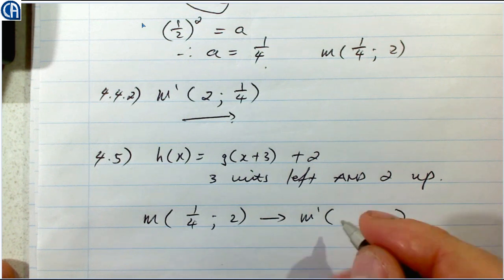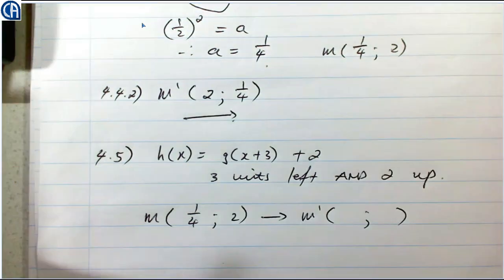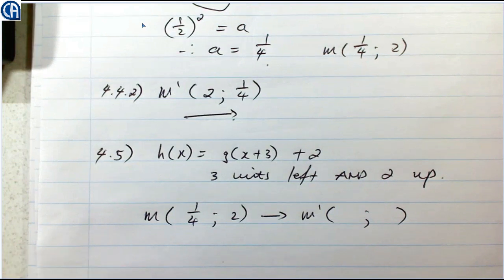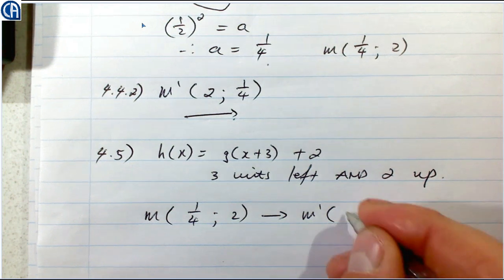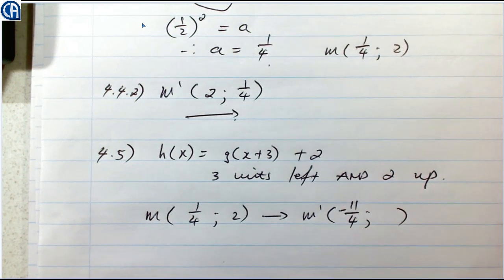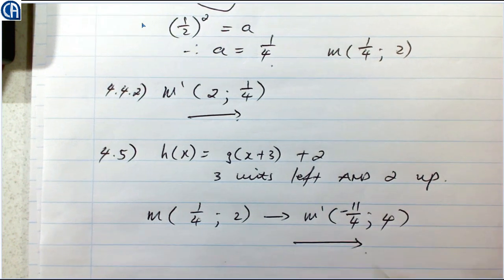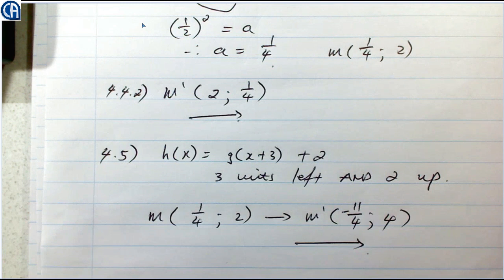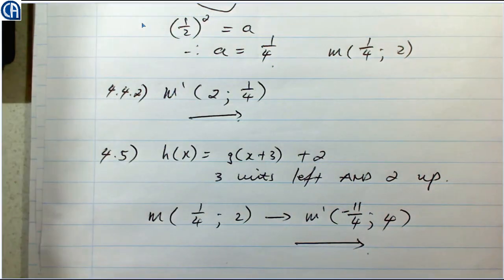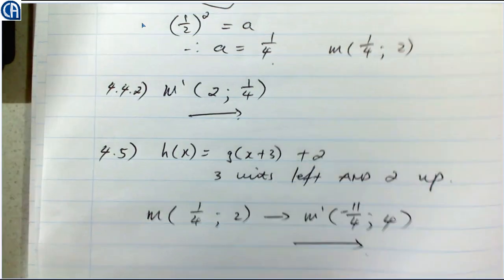So that would be minus 2.75, which is minus 11/4. And 2 up, so obviously just add 2 there and that will give you 4. Right, that's that for question 4.